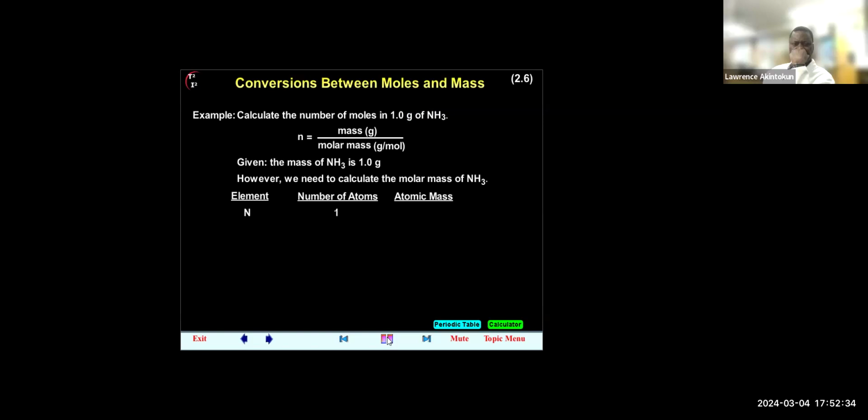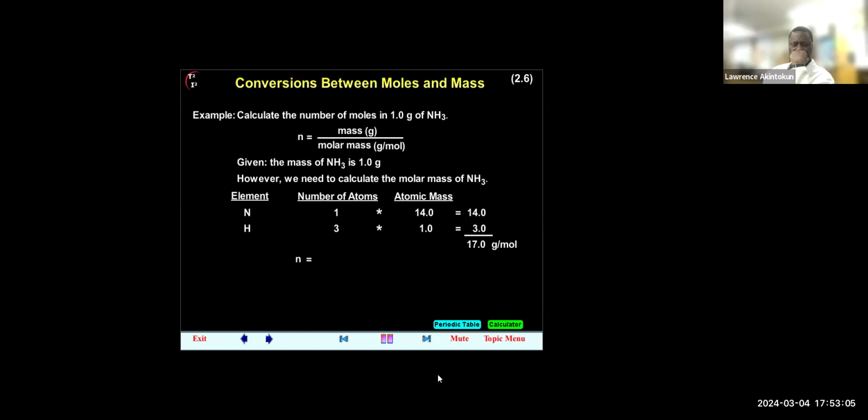Element N, number of atoms, 1, atomic mass, 14.0. Element H, number of atoms, 3, atomic mass, 1.0, total 3.0. The molar mass is 17.0 grams per mole.